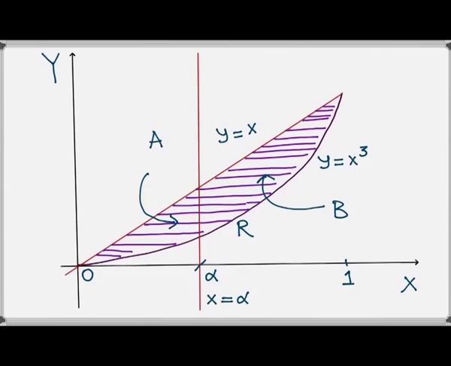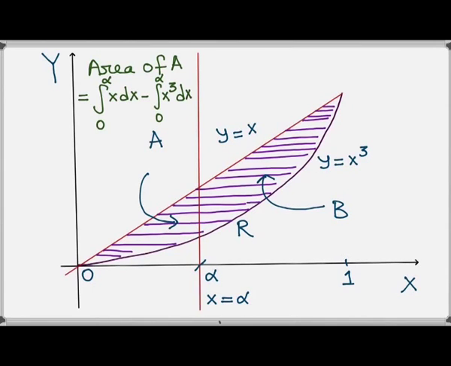Let us first compute the area of the region A. It is very clear from the picture that this is integral from 0 to alpha x dx minus 0 to alpha x cube dx.